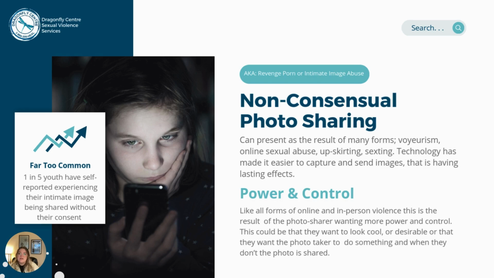Non-consensual photo sharing can take many forms, including voyeurism, online sexual abuse, upskirting, and sexting. Advances in technology have made it even easier to capture and distribute images instantly, often leading to lasting impacts to children and youth.